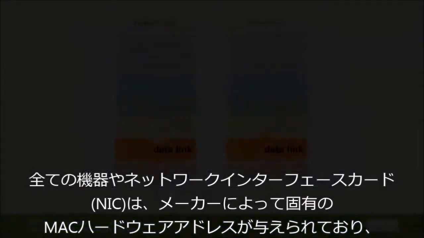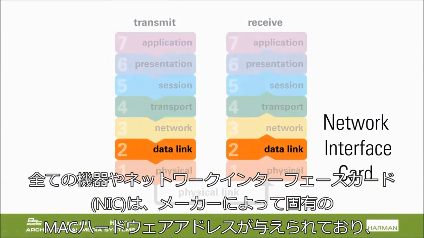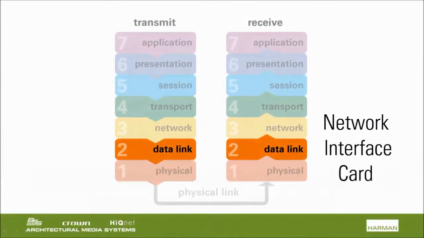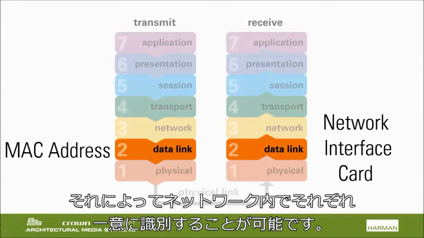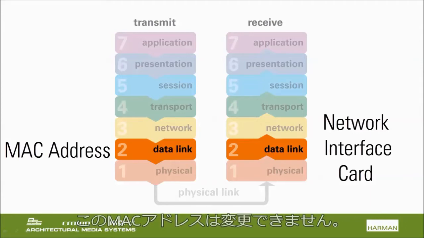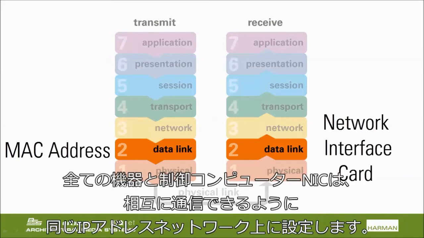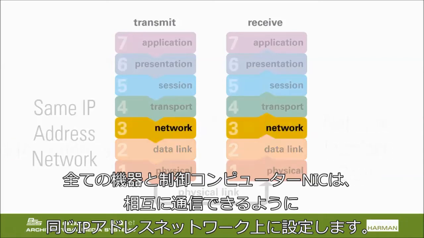Every device and network interface card, which I'll refer to as a NIC for the remainder of this tutorial, has a unique MAC hardware address supplied by the manufacturer and allows devices to uniquely identify themselves on a network. This MAC address cannot be changed. All devices and the control computer NIC must be configured on the same IP address network to communicate with each other.